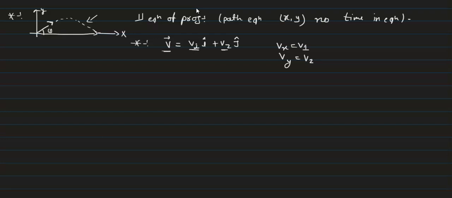Okay, so for this particular projectile case, let's draw the projectile motion. Like if you throw a ball, here this is our x coordinate and this is our y coordinate, and this is our origin.